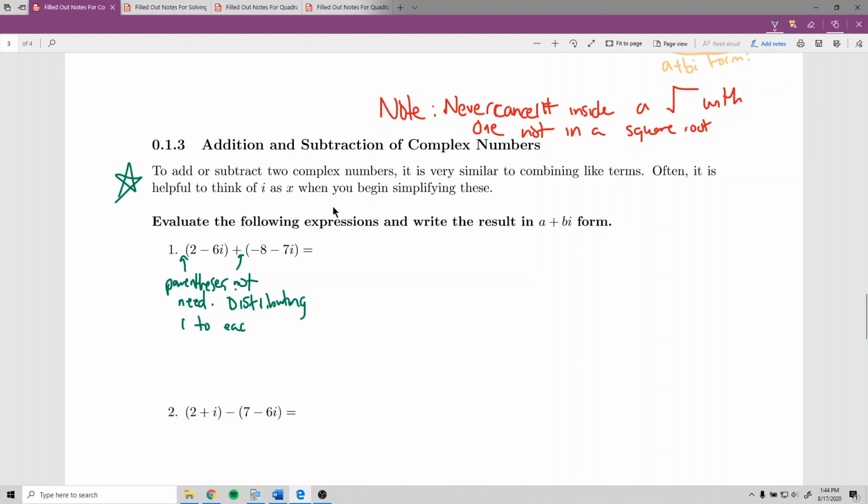The reason the problems are often written like this is to separate what looks like two complex numbers. But just get rid of them because distributing a 1 doesn't do anything. We got 2 minus 6i, and then -8 minus 7i.